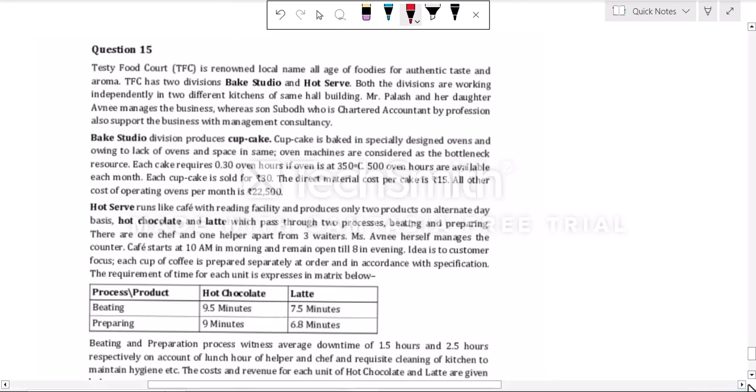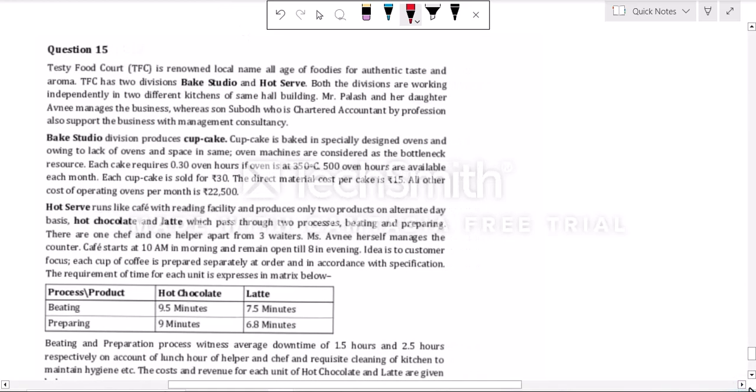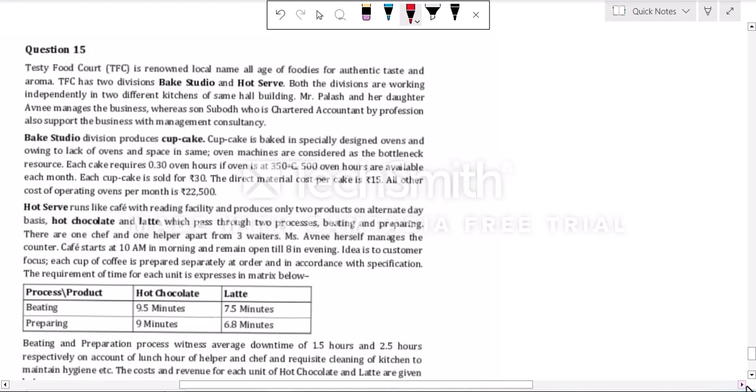Next question, 15th question. Tasty Food Court is renowned local name all ages of foodies for authentic taste and aroma. TFC has two divisions, Bake Studio and Hot Serve. Both the divisions are working independently in two different kitchens of same hall building.